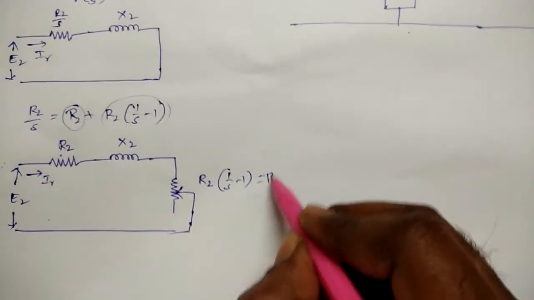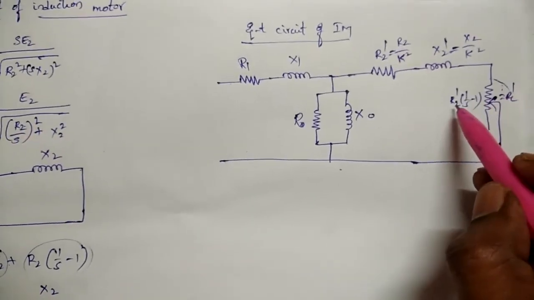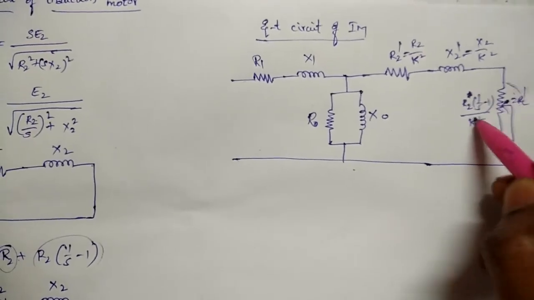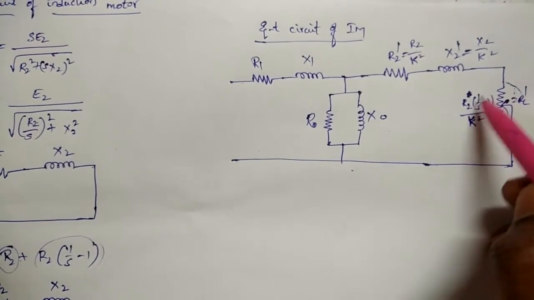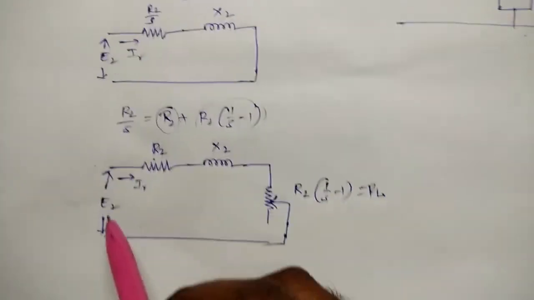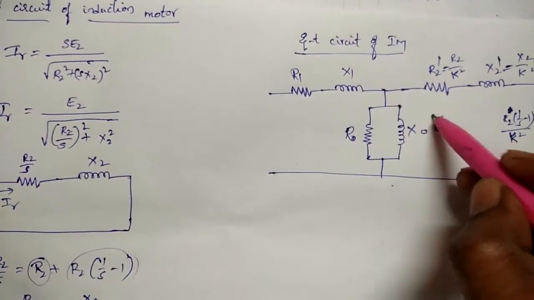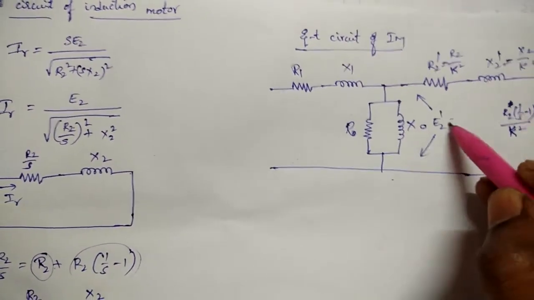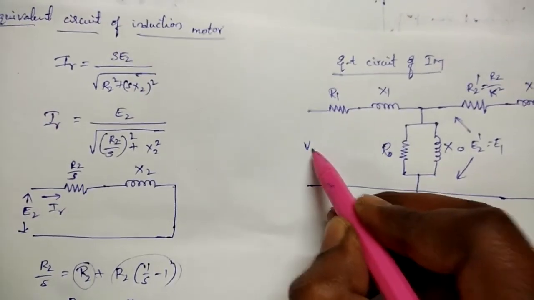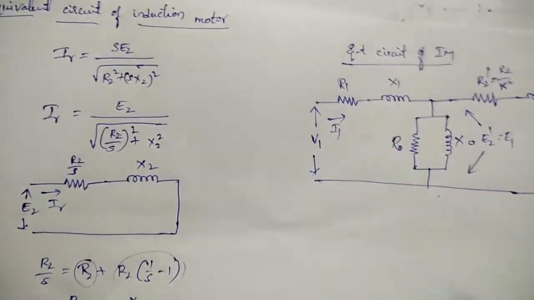If you consider this load as RL, then it will be RL dash, which is equal to R2 into (1 by S minus 1) divided by K square. This is E2, and if you come to this side, it will be E2 dash, which will be equal to E1. Here the voltage given to the stator is V1 and this is the current I1.